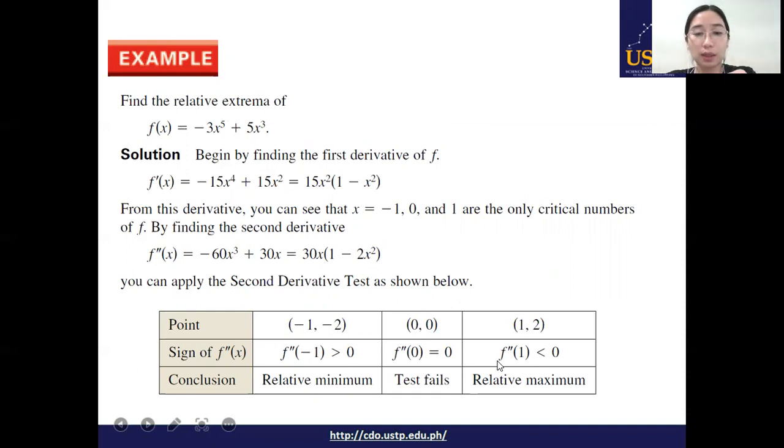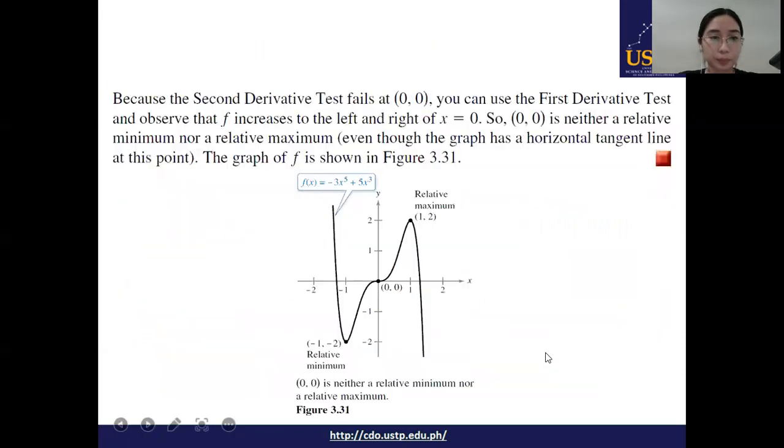So next point is +1. So if we substitute the critical point 1 to our second derivative, the answer is -30, in which our conclusion is a relative maximum. Okay?